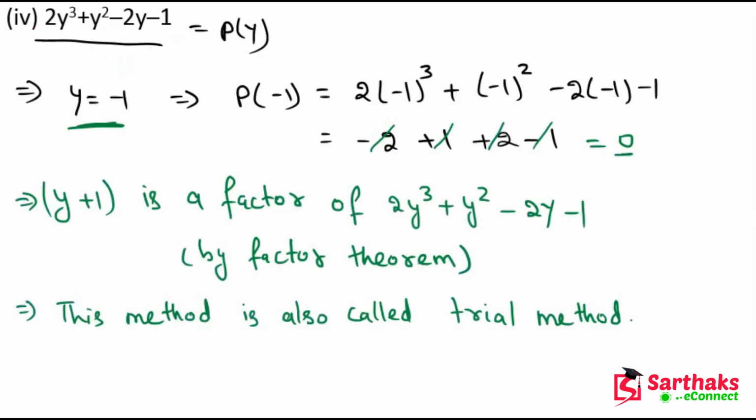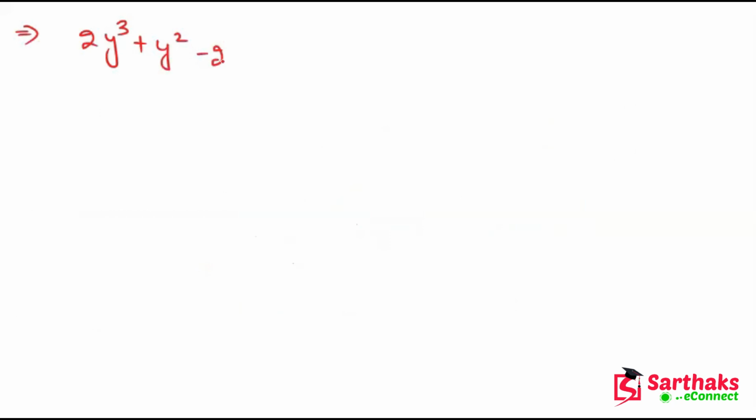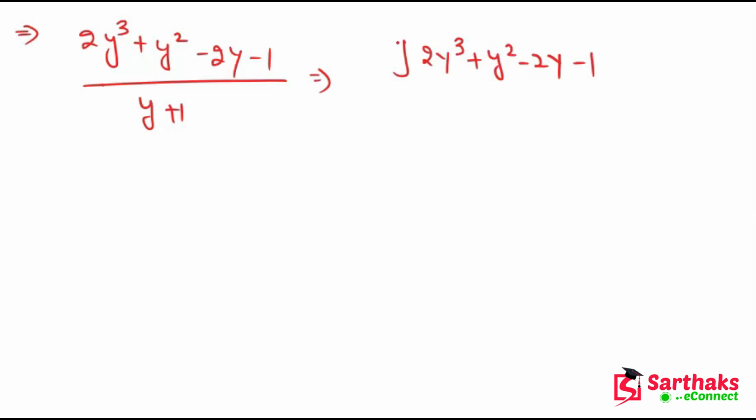So let's write it: 2y cube plus y square minus 2y minus 1, divided by y plus 1. First of all, this is the dividend, and this is the divisor.